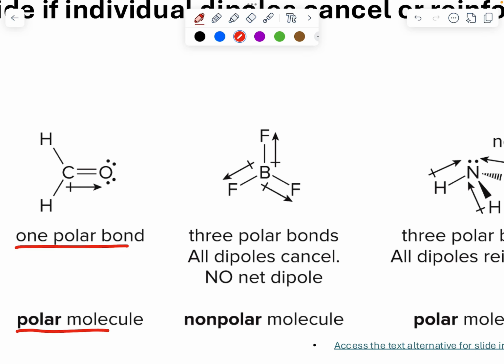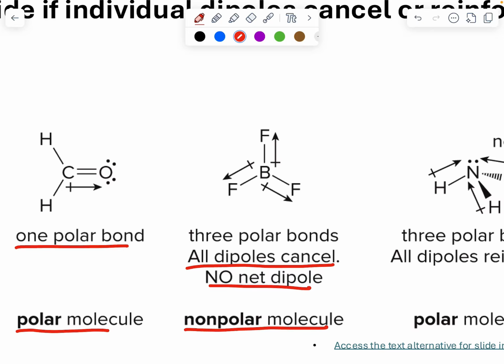When we look at all three of our dipoles, we see that they're all pulling in opposite directions, and so all the dipoles cancel each other out. There's no net dipole, and so this molecule is said to be nonpolar. It has three polar bonds, but the overall molecule is nonpolar.